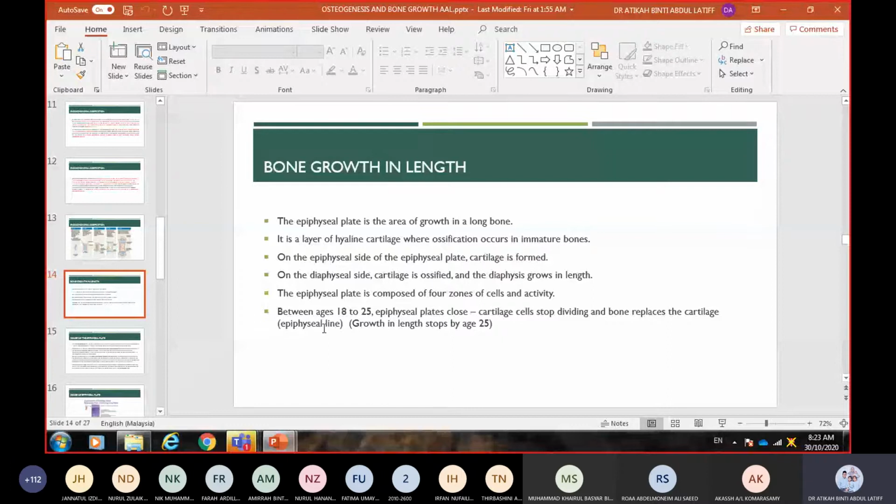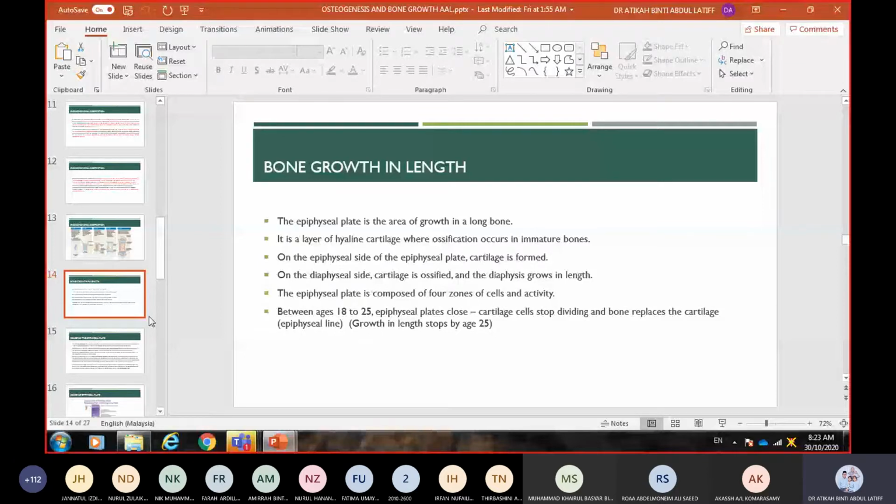So between the age of 18 to 25, the epiphyseal plate closes. The cartilage cells stop dividing and bone replaces the cartilage, forming the epiphyseal line. Okay, so at the age of 18 to 25 is when you stop growing in length because of the union of the epiphyseal plate.